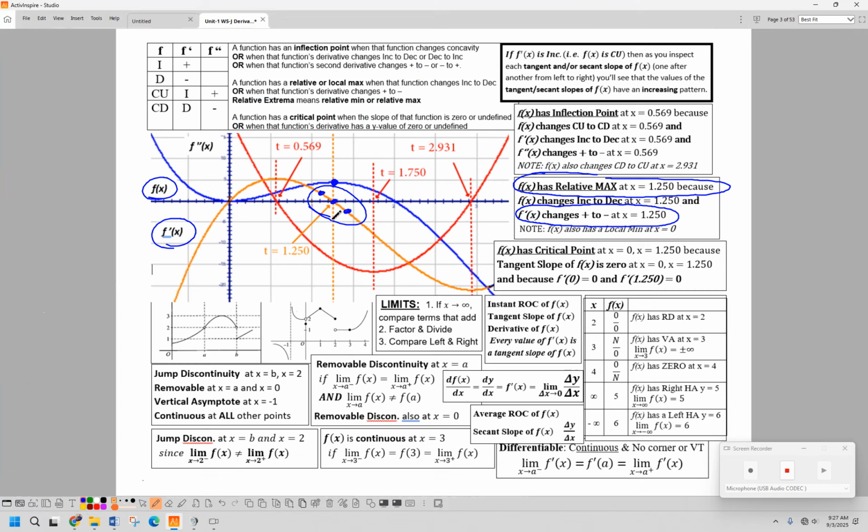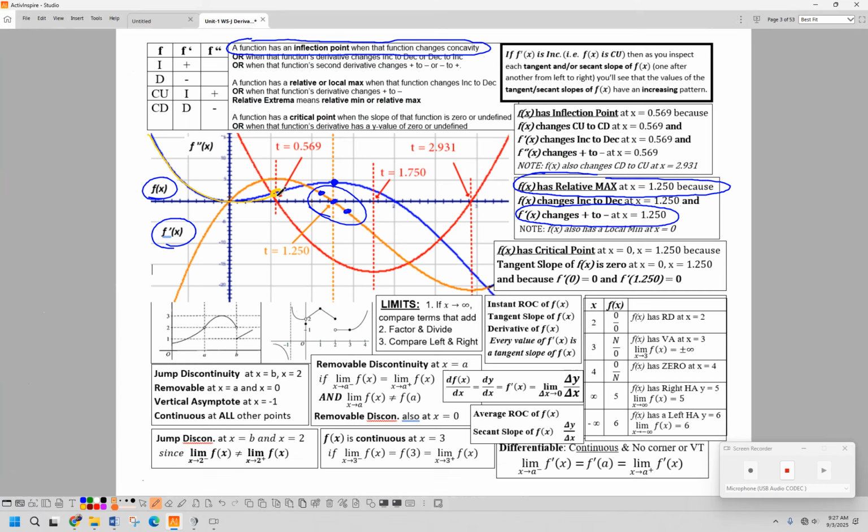Cool. So back to the one we were on. Another definition on your reference sheet is inflection point. That's up here. A function has an inflection point when that function changes concavity. So if we look at the blue again, the blue is concave up all the way to right there.